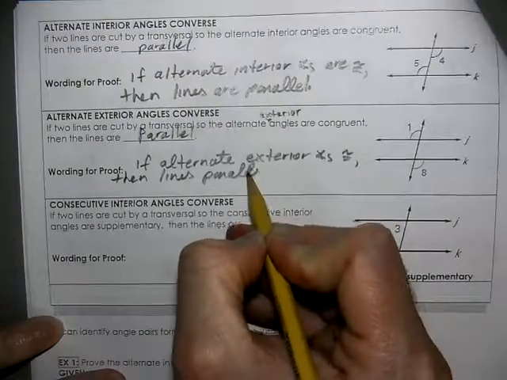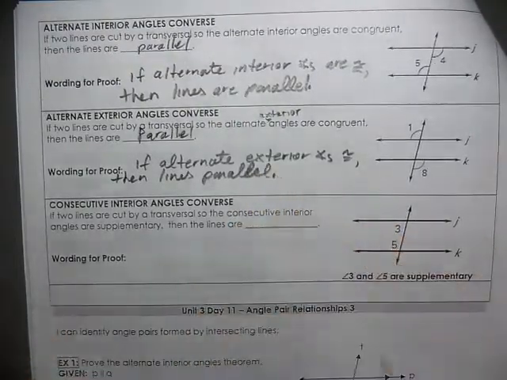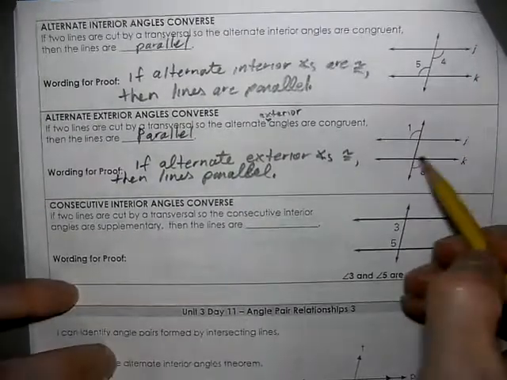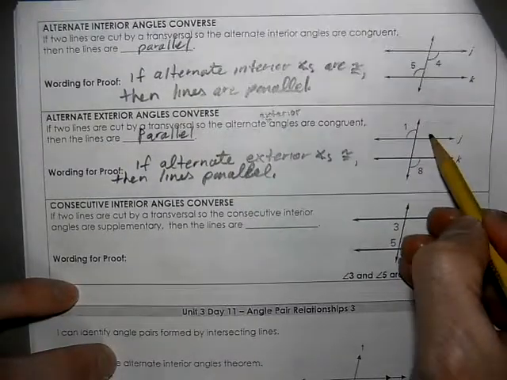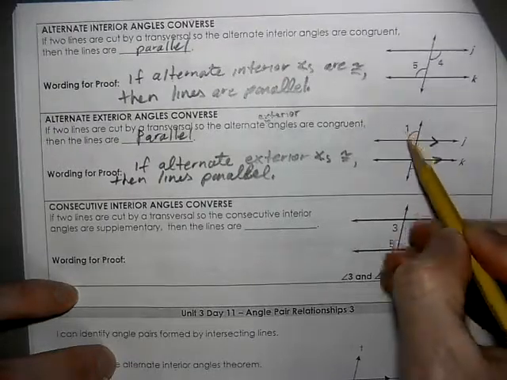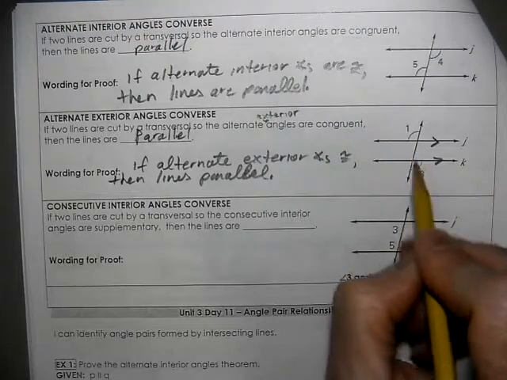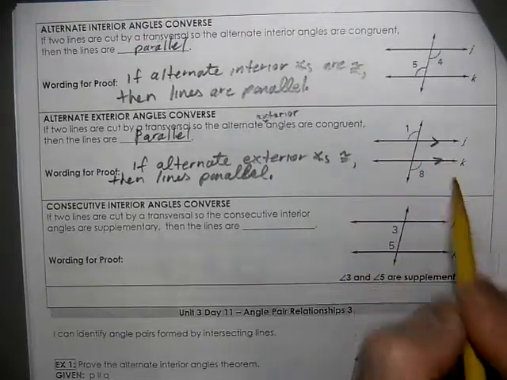So what we're doing here is we are actually proving lines are parallel. When will the lines be parallel? The lines will be parallel if your alternate exterior angles are congruent. So if the alternate exterior angles are congruent, then the lines are parallel.